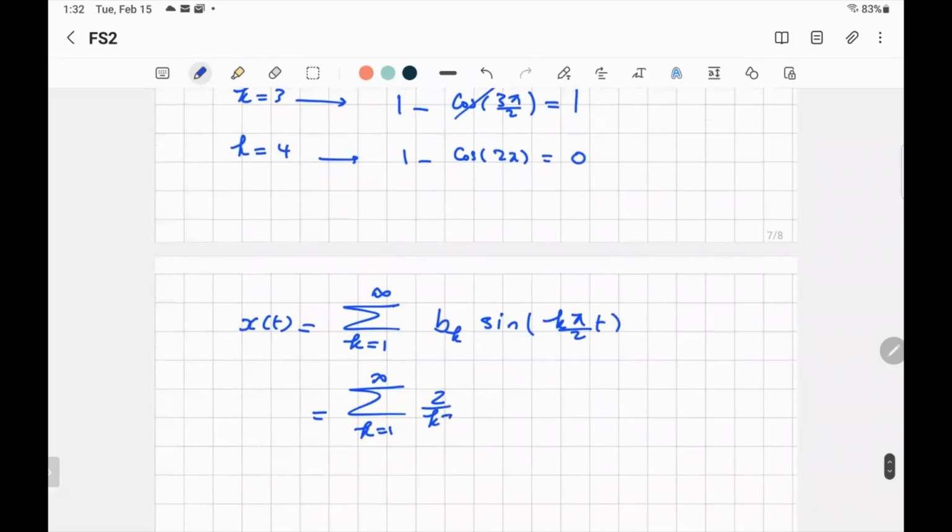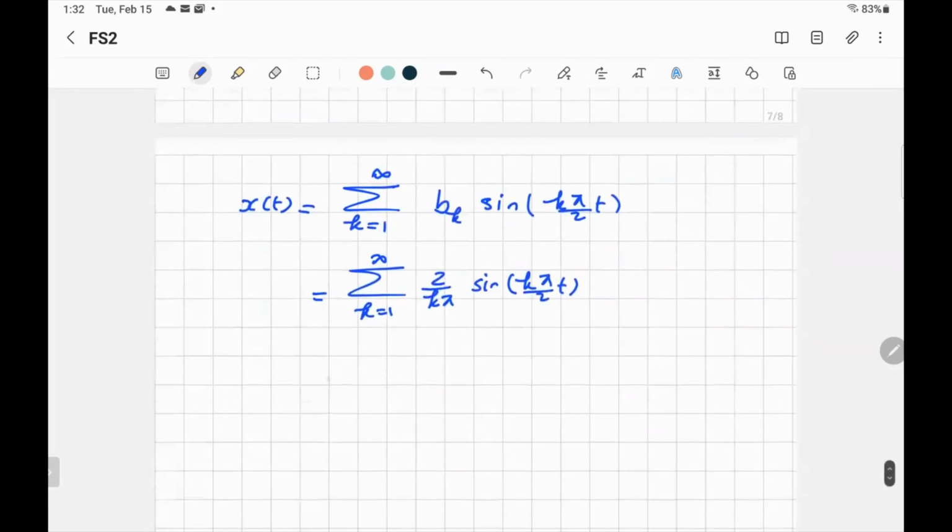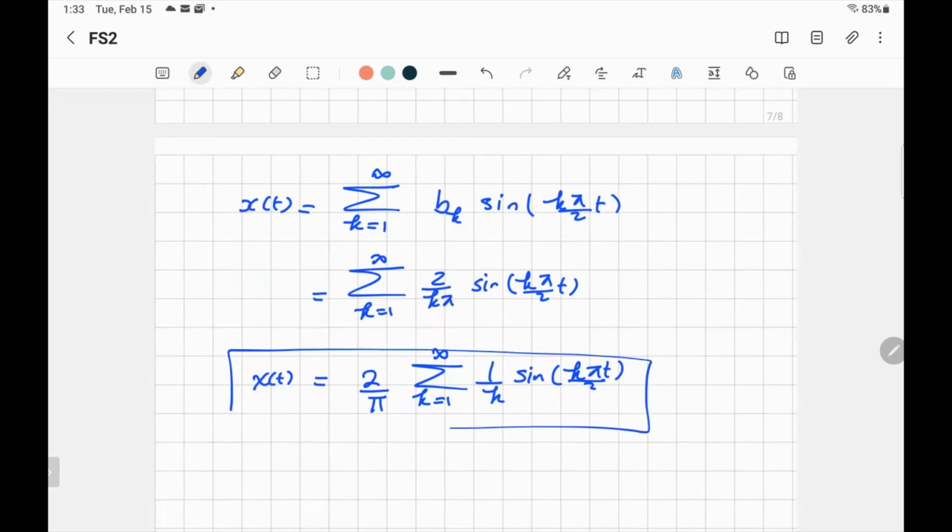Any term that does not have k you can put outside the sum. So 2 over pi is a constant, you put it outside, and you leave the k inside: sine k pi t over 2, from k equal 1 to infinity.